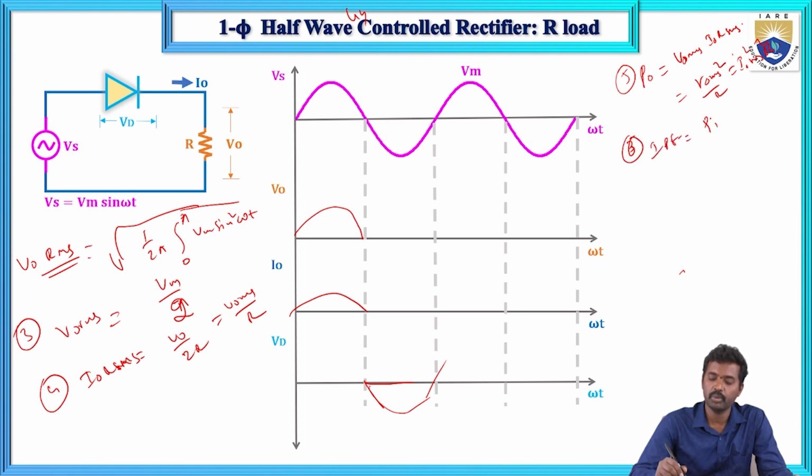P output equals P input equals Vs Is cos phi, that equals V0 RMS square by R. So you can write it as I0 RMS square into R. I0 is the same in the case of a resistive load here. So I0 RMS into R means V0 RMS by Vs is the input power factor, cos phi.